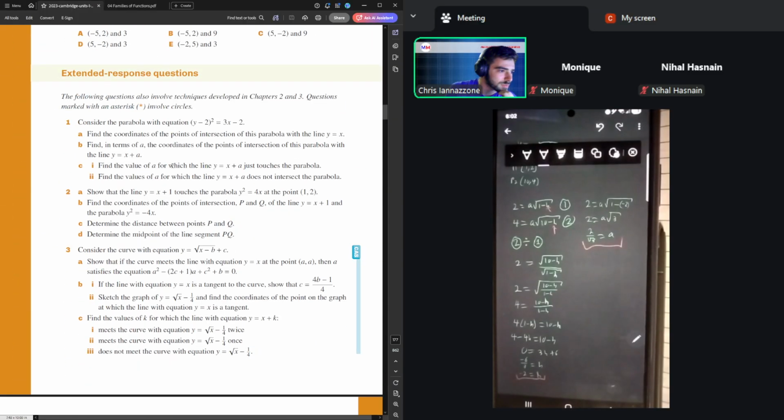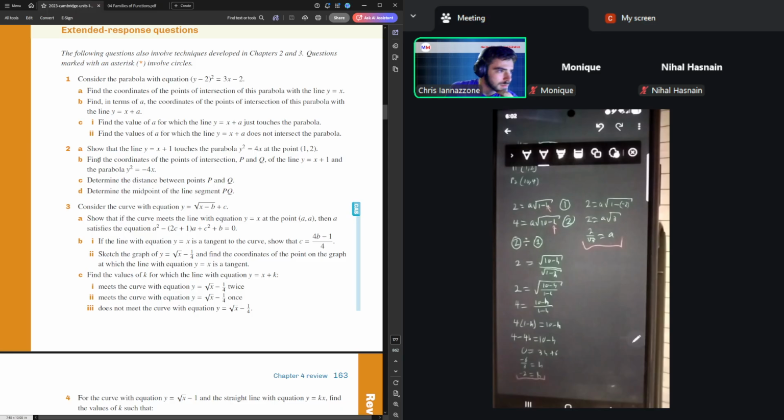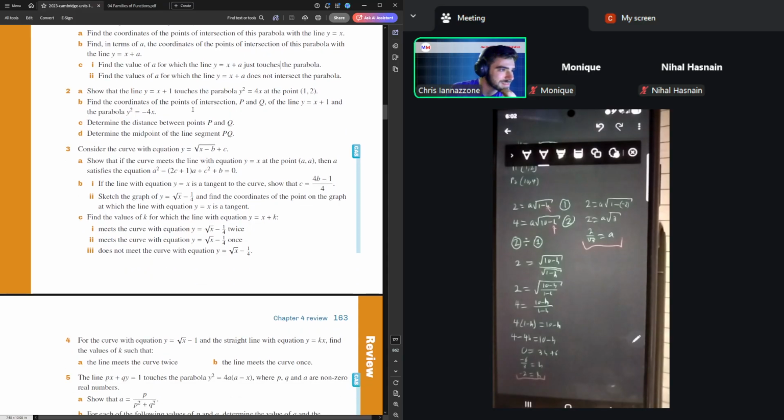I'm more than happy to go back to it. If not, we'll start from question 2 here, because I'm noticing question 1 is the y squared equals x graph. So, question 2, we have a linear, oh, it's still y squared equals x. Never mind.